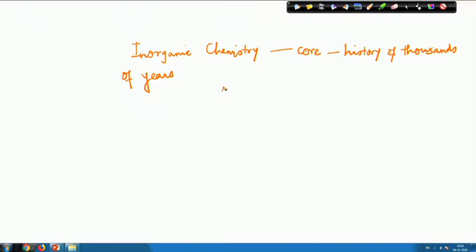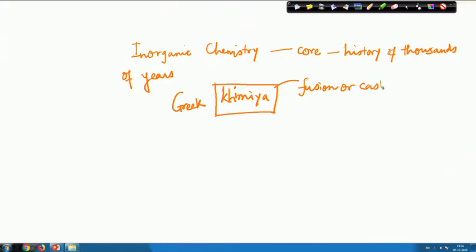Because we all know that the term chemia is in the Greek language the form that we today use as chemistry, but originally in Greek nomenclature it is known as fusion, or casting of metals.